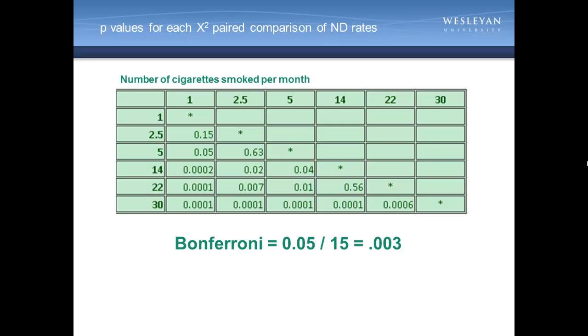Here I have created a table that shows the p-value for each of the paired comparisons for my output. Obviously, there are several that are less than 0.003. As you can see, the smoking frequency group 30, that is, smoking 30 days in a usual month, is significantly different than each of the other smoking frequency levels. In addition, the smoking frequency group 1 has significantly different nicotine dependence rates than smoking frequencies group 14 and 22.